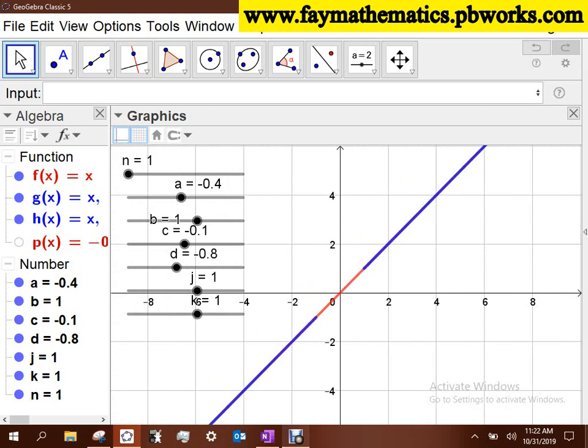If you understand that behavior right there, as x goes to positive infinity, y also goes to positive infinity, every odd degree polynomial is going to have the same behavior.